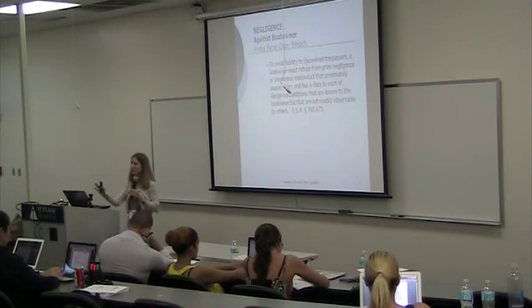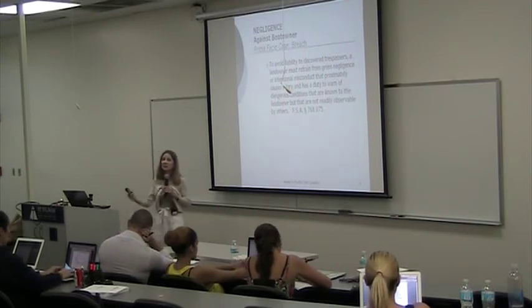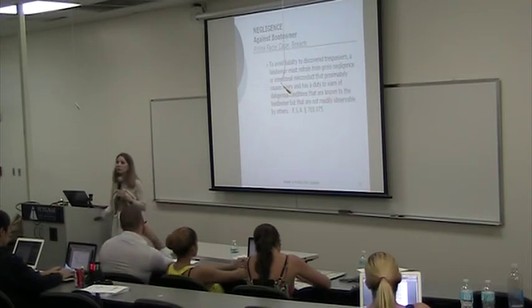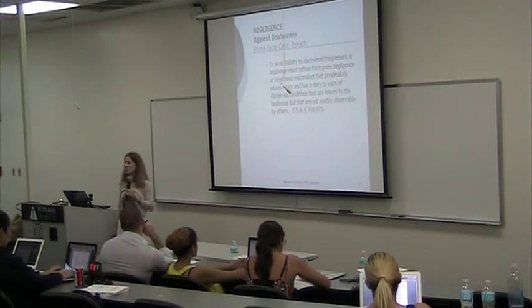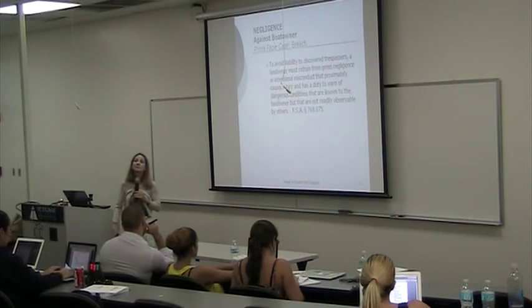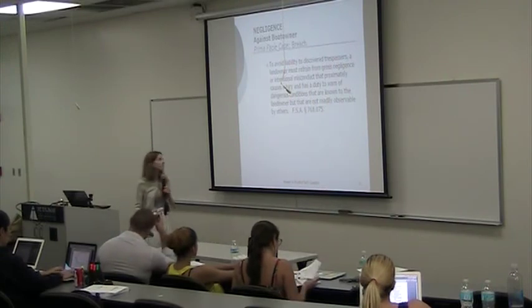So we broaden the intentional misconduct rule that is relevant to the undiscovered trespasser, and we include gross negligence, whatever that means. It's a higher standard than ordinary negligence, obviously.